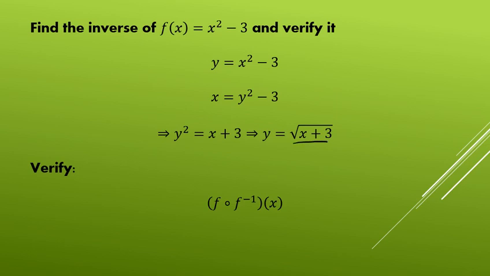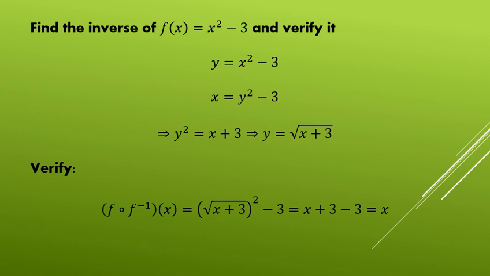So this thing right here, that entire thing, including that square root, is going to go in for that x right there. So I have the square root of x plus 3, that quantity squared, minus 3. The square root and the square cancel each other out. So we just have x plus 3 minus 3. Those cancel out, and you just get x. So that's good one way.